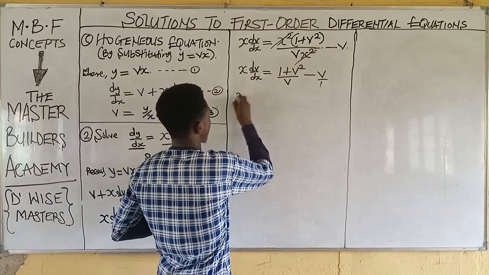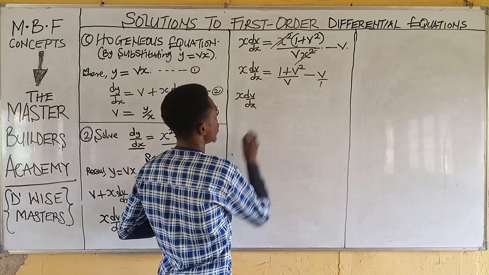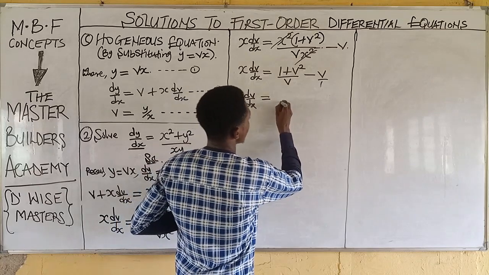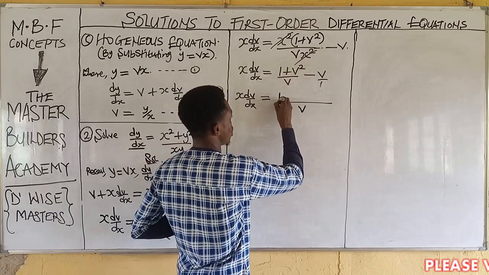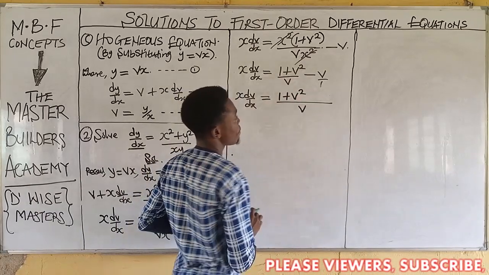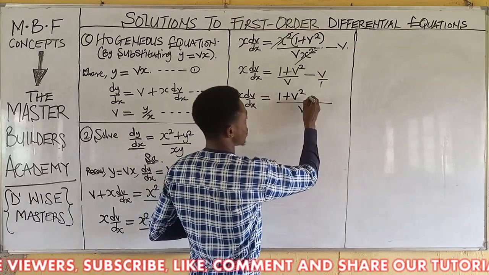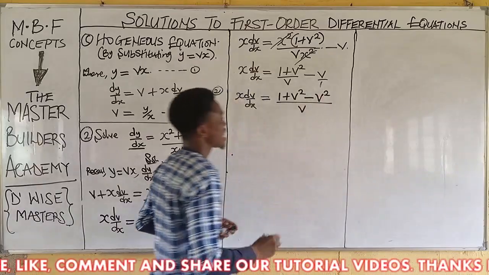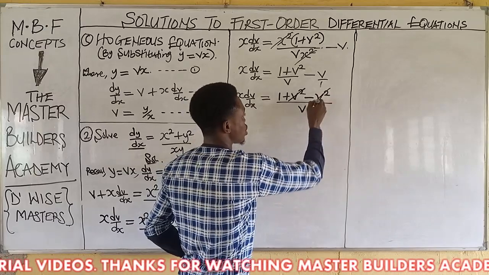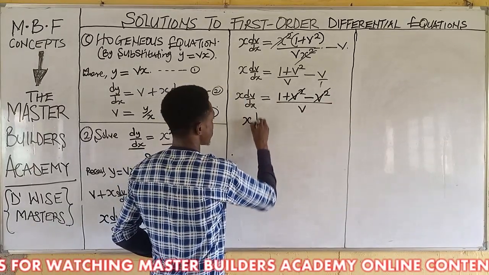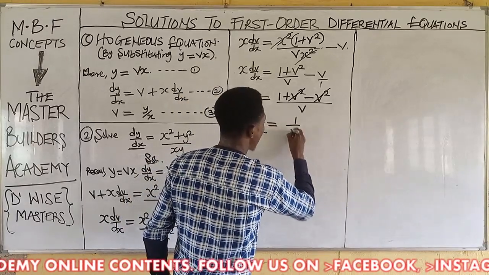So we have x dv over dx is equal to, you put down the new denominator which is v. Now v divided by v is 1, and 1 times the numerator is 1 plus v squared. Also, v divided by 1 is v, and v times minus v, we will have minus v squared. Now understand that 1 plus v squared minus v squared, this guy will cancel out this guy. Then we have x dv over dx is equal to 1 over v.